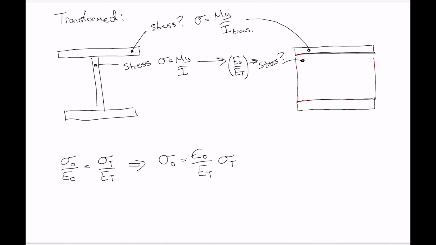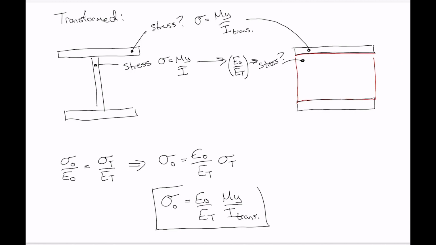So the stress in the original material is E naught over ET, times the stress in the transformed material, which is given by My over I transformed. So this gives us the stress anywhere in the material that we've transformed in our transformed beam.